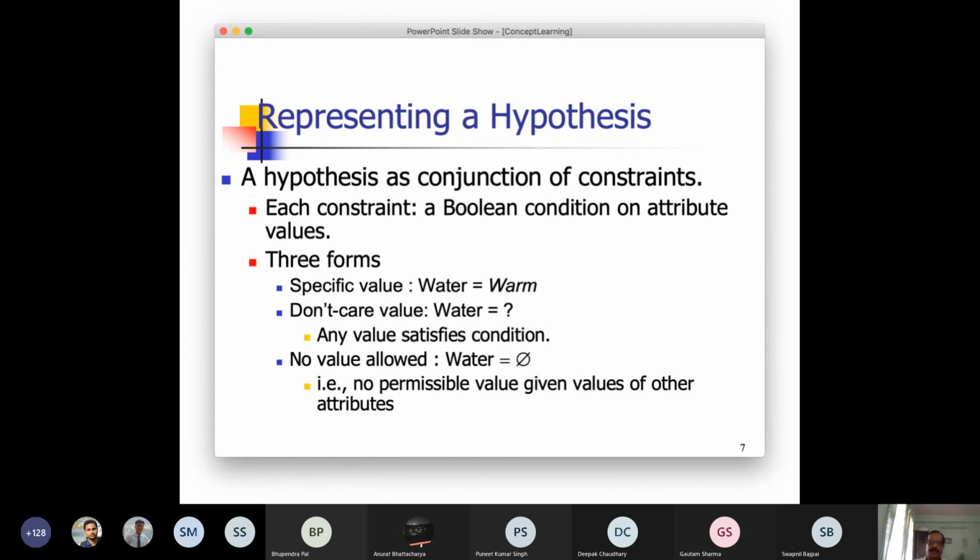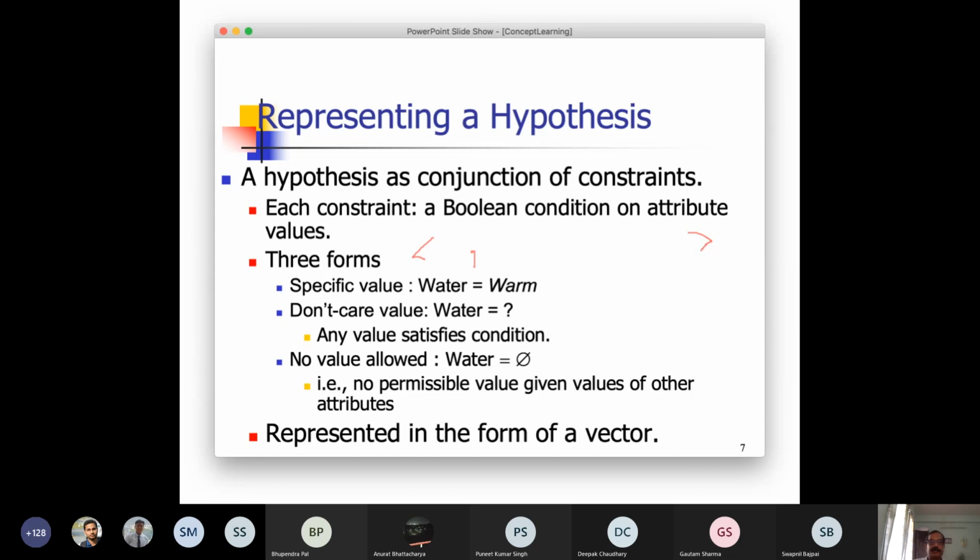This representation is clear. So in that case, I can write a valid expression. As you can see, in a concise form I can now represent it as a vector, where every position denotes a certain attribute.